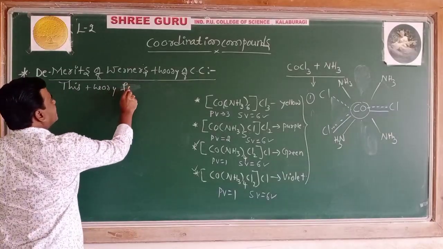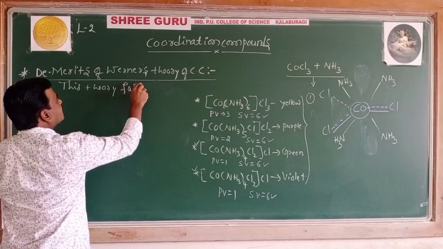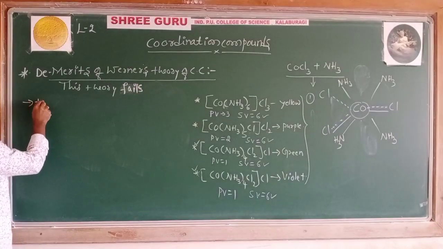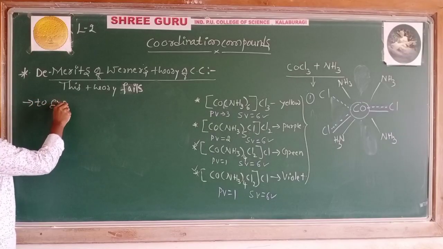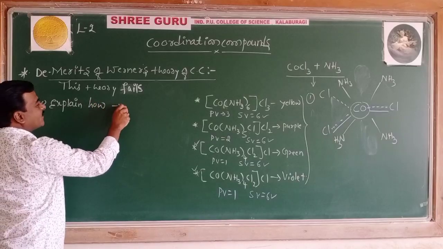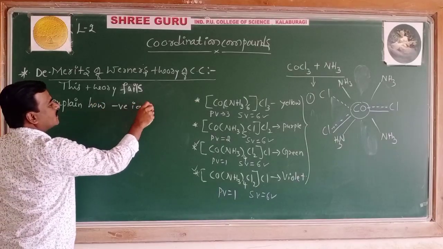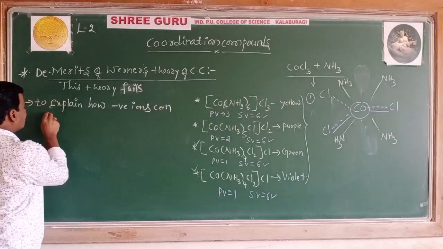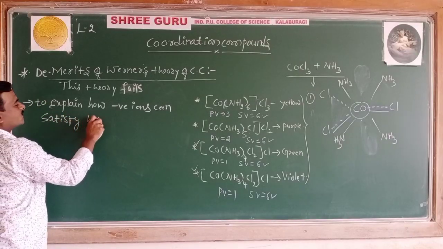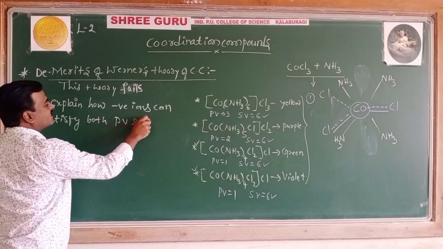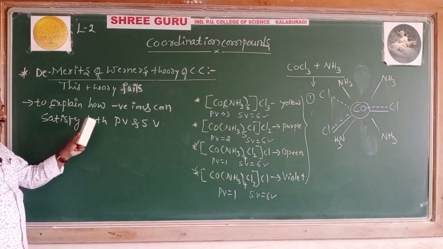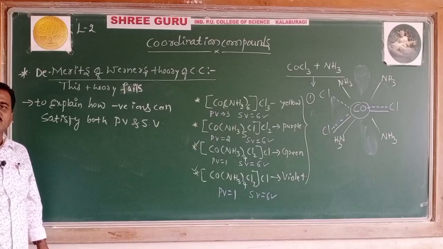This theory fails to explain how a negative ion can satisfy both primary valency and secondary valency. This was the major drawback or demerit of Werner's theory.